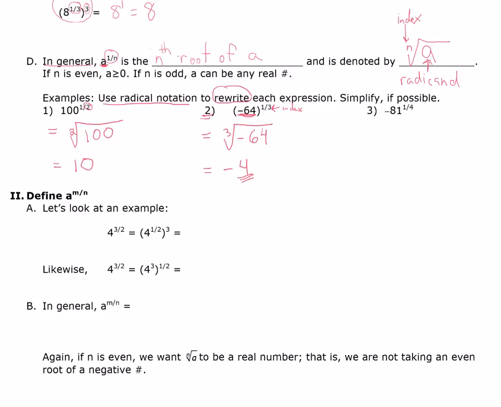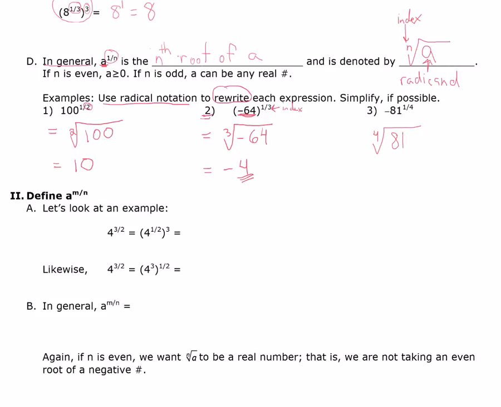Number 3 is a little tricky, because now we're talking about what root? Good, the 4th root, because that is in our denominator. So we have the 4th root of 81.